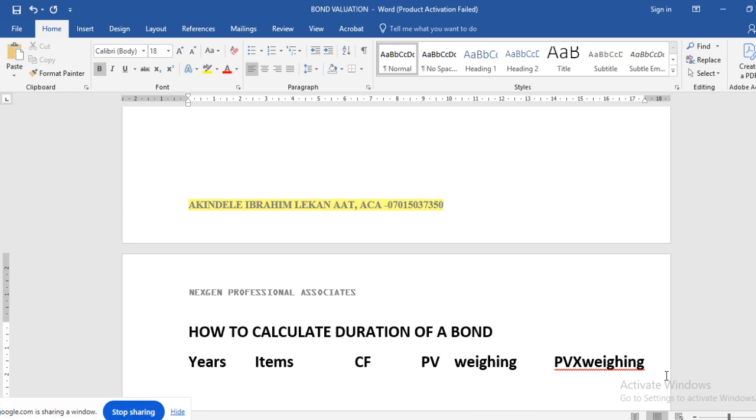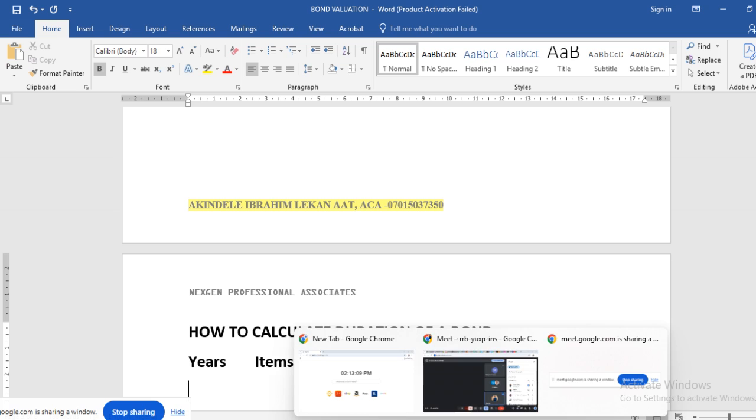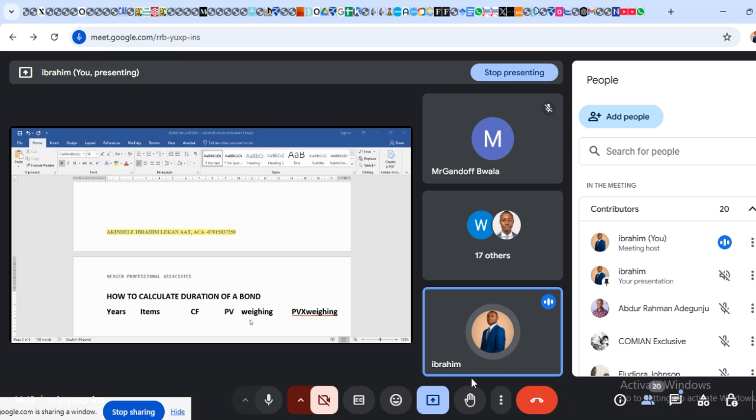Now, if this is established, of course, during the period of a bond, please understand this part. The lender will receive interest. Then at the final date of maturity, you will pay the interest and the principal, which is the redemption.